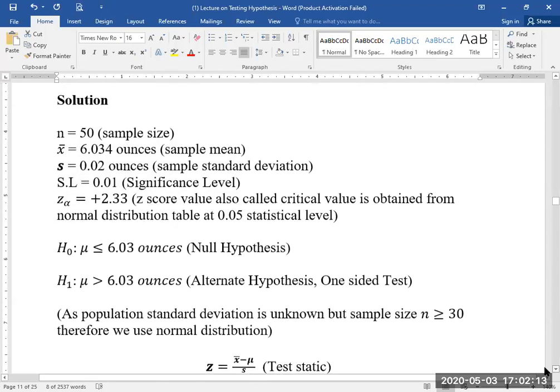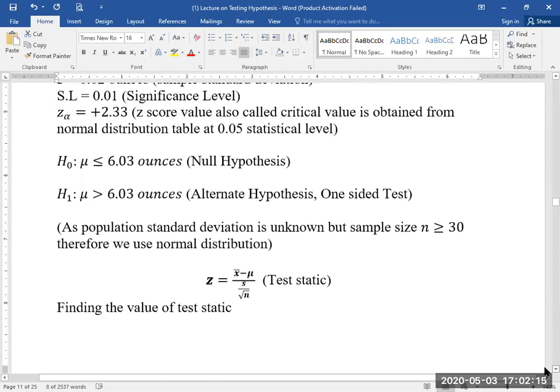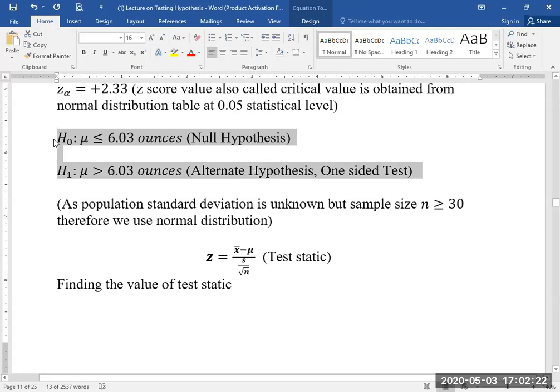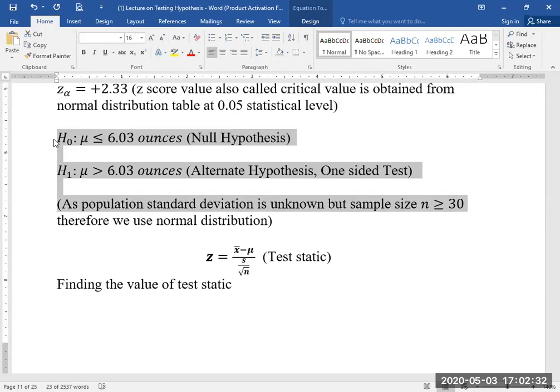So student, this is a one tail test on the basis of the alternate hypothesis, and the null hypothesis was less than or equal to 6.03, because these two are opposite in sign, and the null hypothesis always has the equal sign.